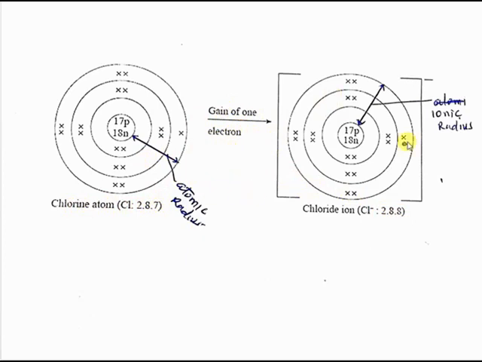So look at this. The electrons that were there, the 17, are marked using the X, and the one that has been gained is the dot. Now you can see it has 18 electrons with 17 protons because an electron has been added. So when an element gains electrons, it becomes negatively charged.